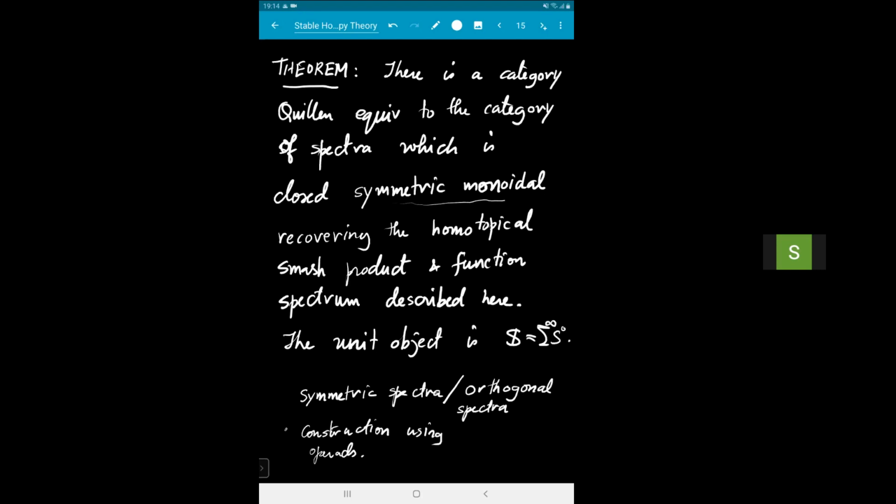So there is a big story behind all that, but once we have all that, we can work in the stable homotopy category, thinking that there is actually a model which has this closed symmetric monoidal structure, and that's all I would use for my later lecture. That's why I just wrote the theorems separately.